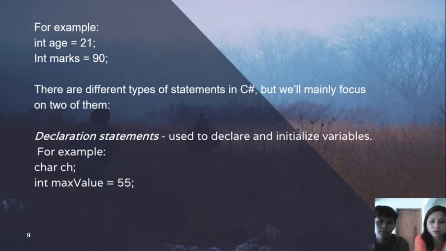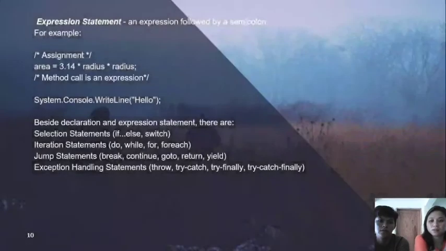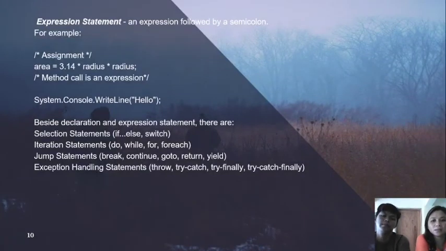Expression statement. An expression statement is an expression followed by a semicolon. For example, area equals 3.14 times radius times radius. Method call expression, System.Console.WriteLine Hello. In this example, 3.14 times radius is an expression.